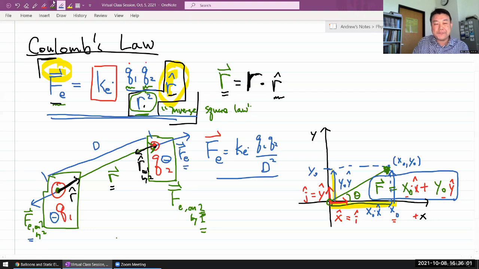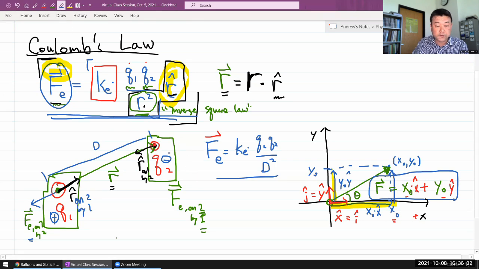Now watch what happens if one of the charges is negative. If, for example, Q1 is positive and Q2 is negative, then as you look here, this coefficient is now going to be negative. That means the direction of the force is opposite to the unit vector. So if you're looking at the force on Q2, and again this is the unit vector for on 2 by 1, the force vector goes in the opposite direction.